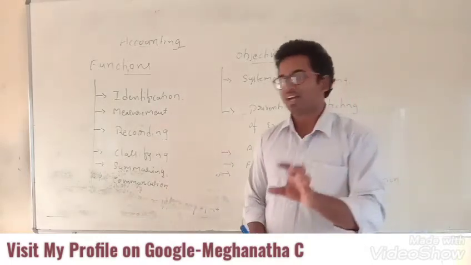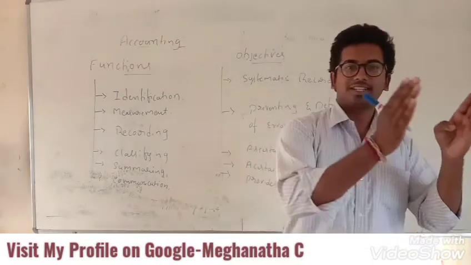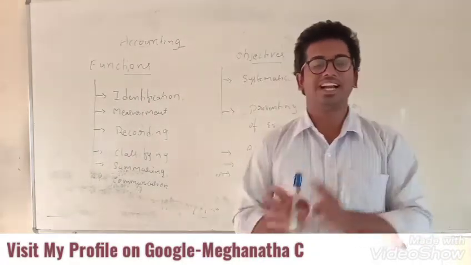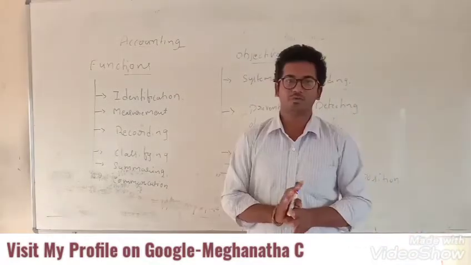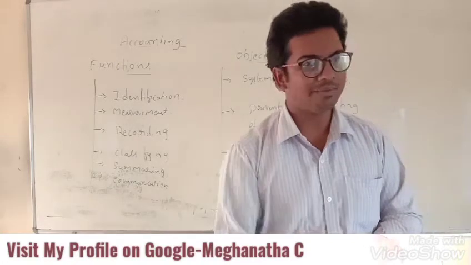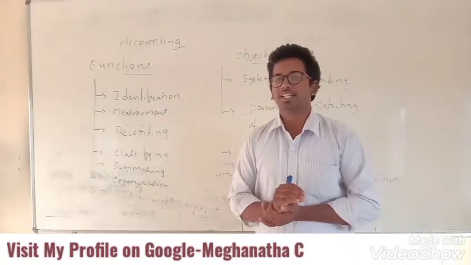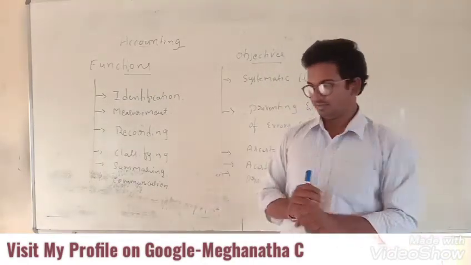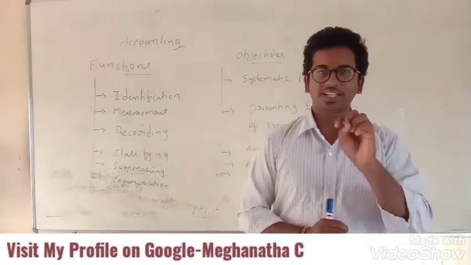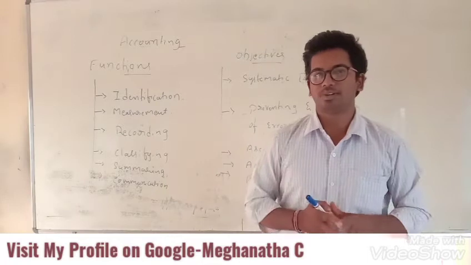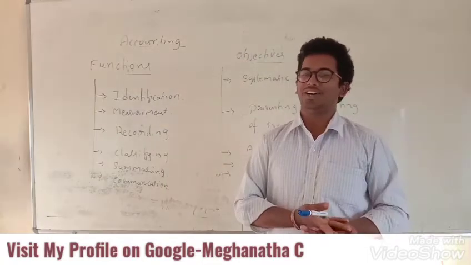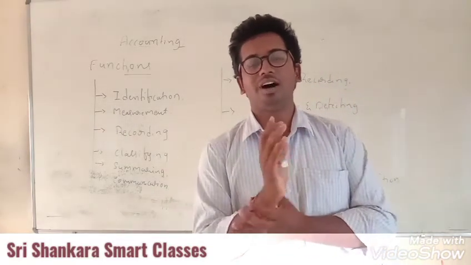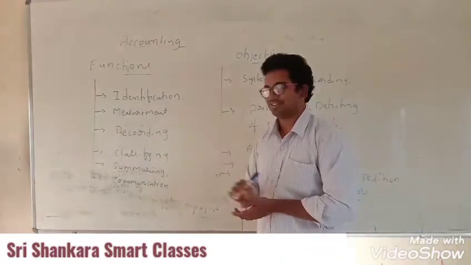So they need to classify all purchases one side, all sales one side, sales returns one side, purchase returns one side, expenses one group, incomes one group, assets one group, liabilities one group, with various subheadings under them. When you classify the transactions based on these groups, it is very easy to identify and very easy to calculate, so you can make your accounts very accurate. That is what we call classifying. The nature of the available groups makes you classify the activities.